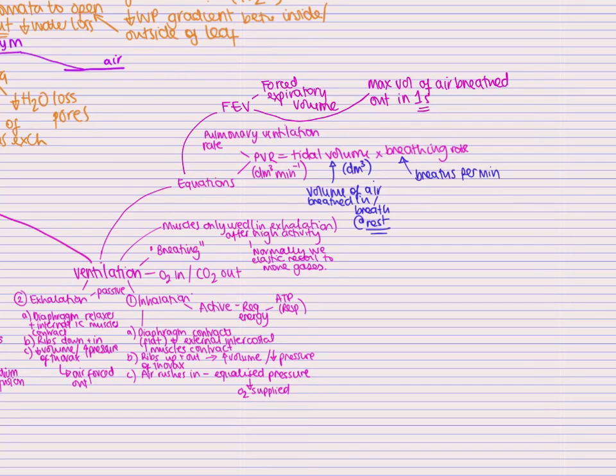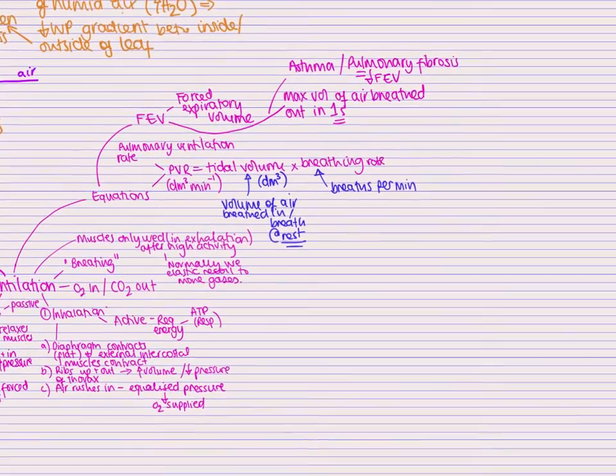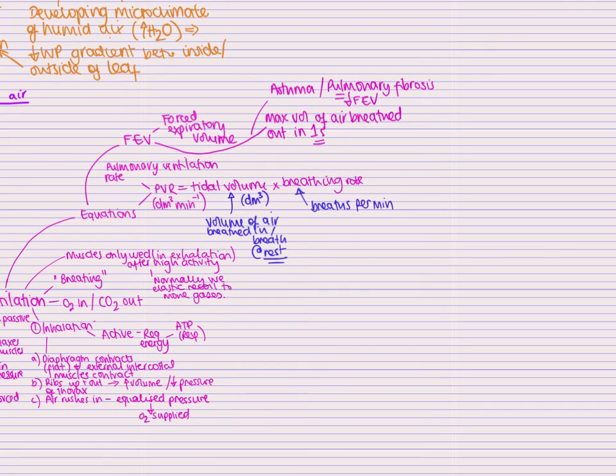Diseases such as asthma or pulmonary fibrosis, where you've got little fibroids on the lungs, are going to result in a reduced FEV. And oftentimes, these exam questions will ask why that's going to result in fatigue.